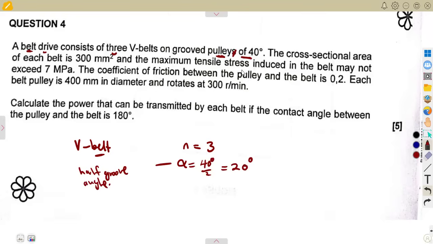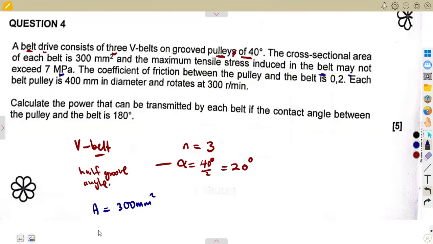So the cross-sectional area of each belt is 300 square millimeters there. We are given the area. Let us just write this. We do not know, maybe you're going to need to convert it later on. But we're given the area of each belt as 300 square millimeters. And the maximum tensile stress induced in the belt may not exceed 7 megapascal.